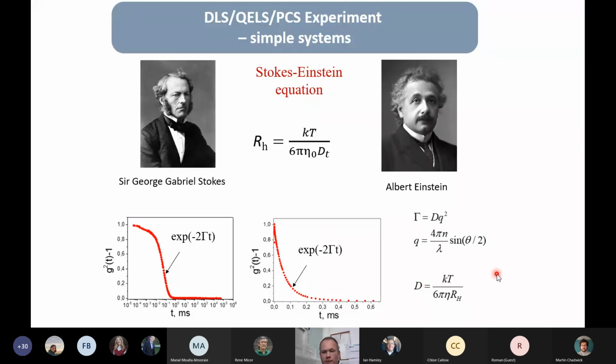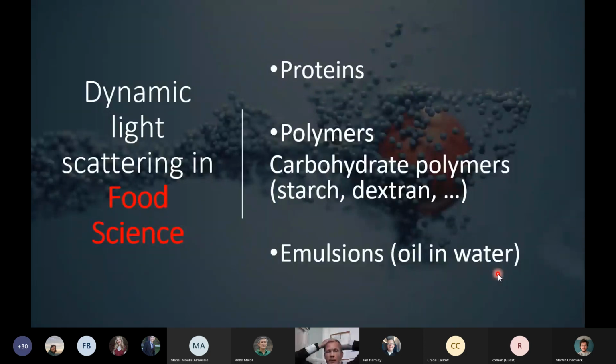Okay, now I will try to convince you that dynamic light scattering is very useful, especially for food science and nutrition science, because any nanoscale objects can be measured by dynamic light scattering. Any proteins in solution are a very convenient and interesting object for dynamic light scattering experiments.